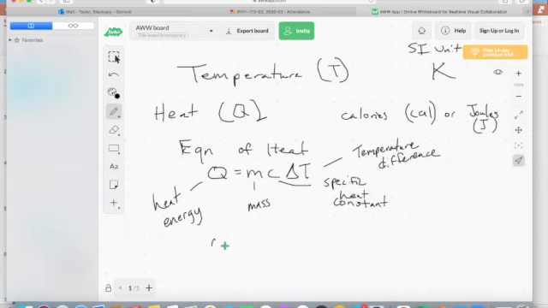Okay, so MC delta T is the same thing as saying mass times the specific heat times the change in temperature. So that's your final temperature minus your initial temperature, so TF minus TI. Delta T means change.